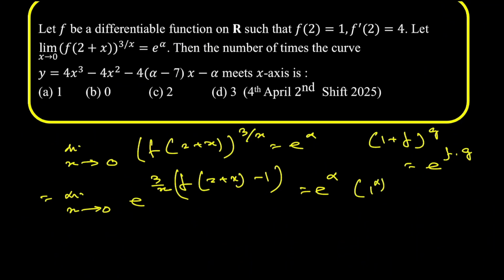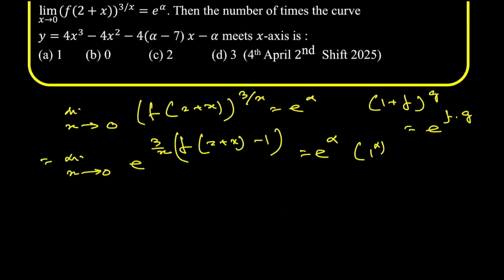Now just by seeing the sum, what I am thinking is to simply apply L'Hopital's rule in the power. In this power, everybody apply the 0 by 0 form, L'Hopital's rule. So in this case, if we apply L'Hopital's rule, what we will get: limit x tends to 0, e to the power 3 f dash (2 plus x).